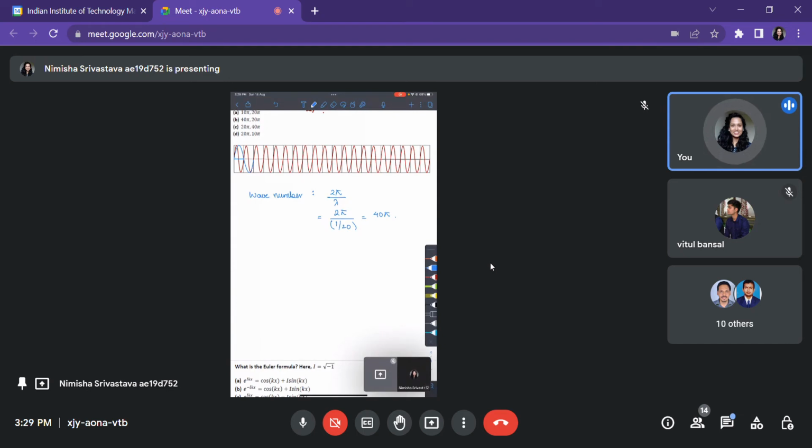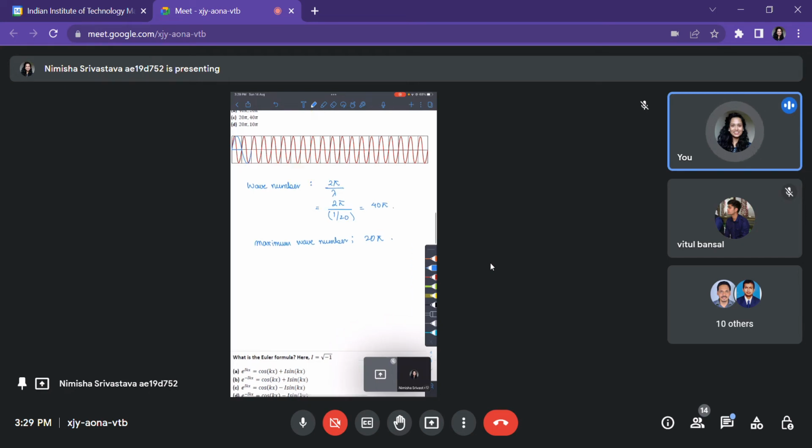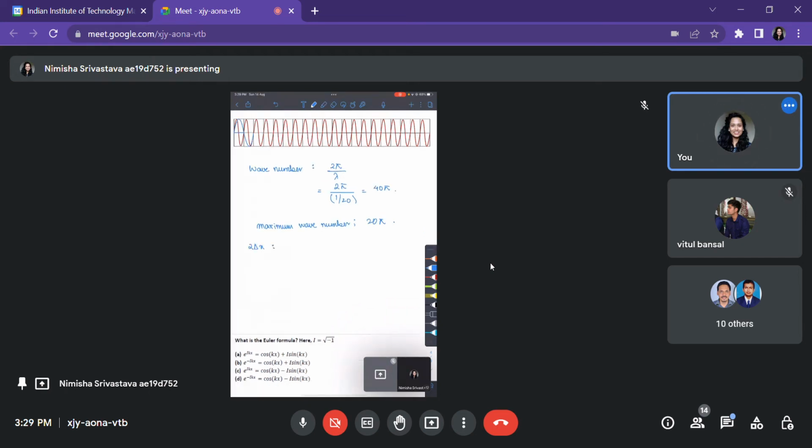Anyway, the maximum wave number that can be calculated is half of this, that is 20 pi. A proper formula to do this is that 2 delta x is the shortest wavelength that can be accommodated.